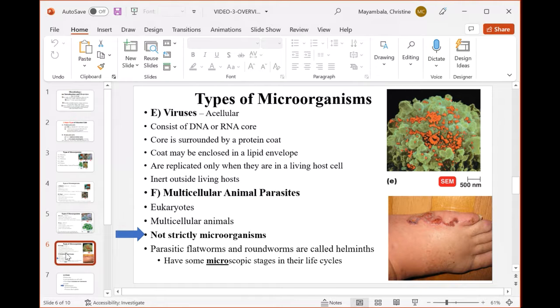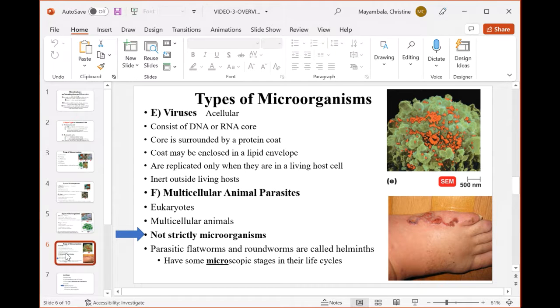In fact, in a clinical lab, when a patient comes in and they suspect a parasite, if they don't see anything as visible as a person with a worm on their foot, they will ask for a stool sample, because they want to look for eggs in the stool sample to see what stages, if the organism is laying eggs.